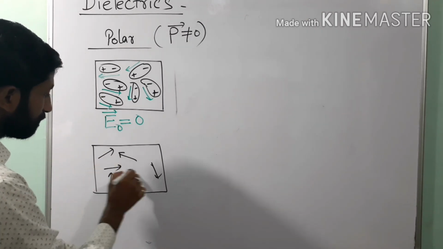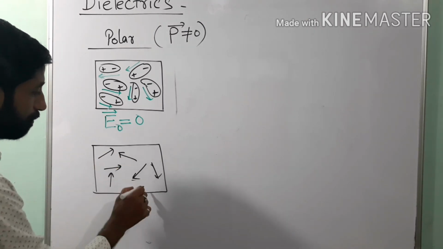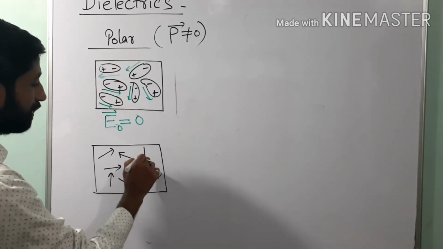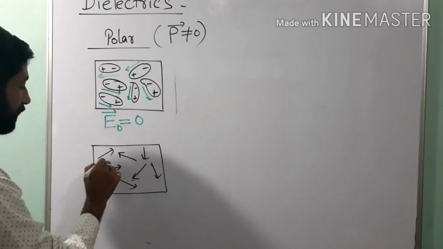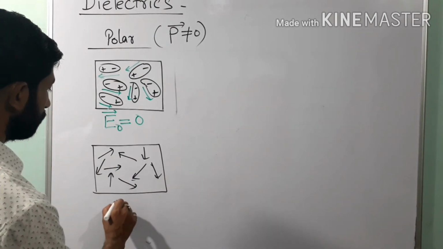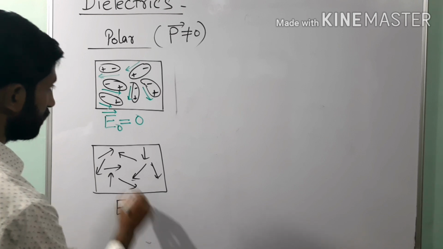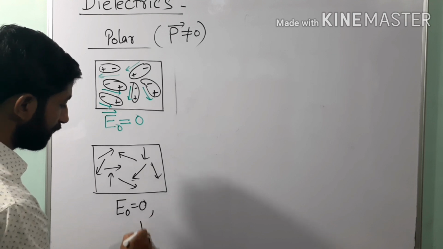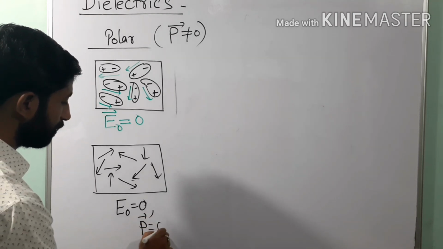Its dipole moment will be cancelled by this, its dipole moment will be cancelled by this one, and so forth. So obviously the dipole moment of the total slab is 0. Electric field is 0 and the net dipole moment is equal to 0.